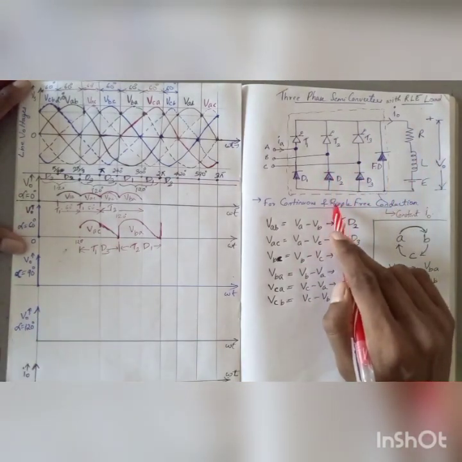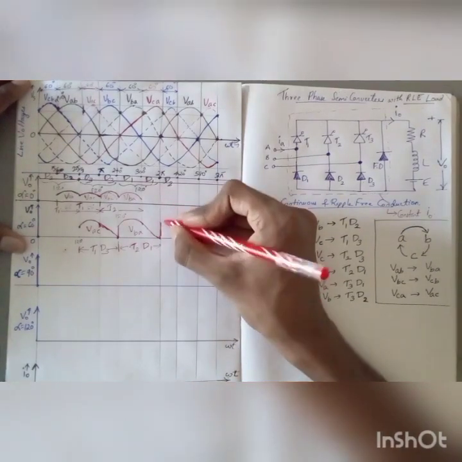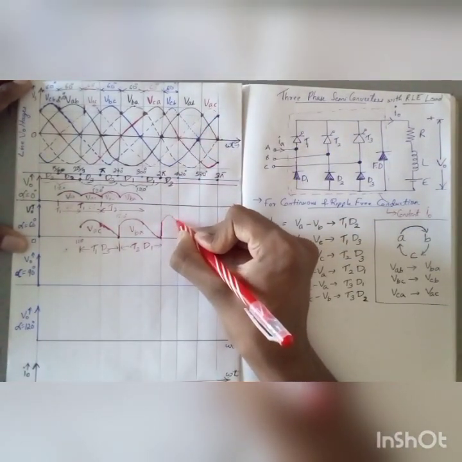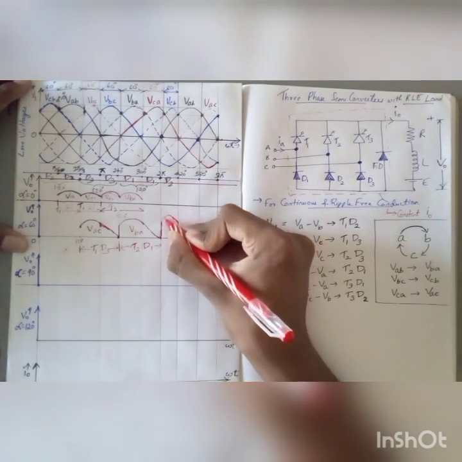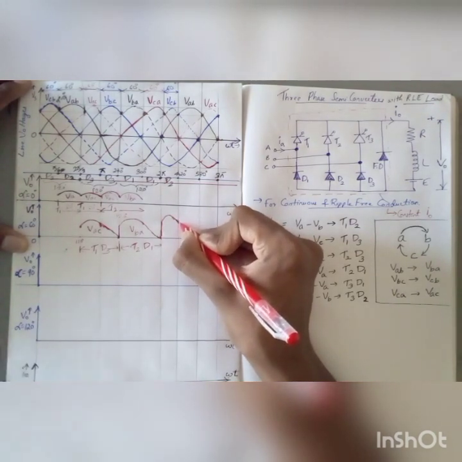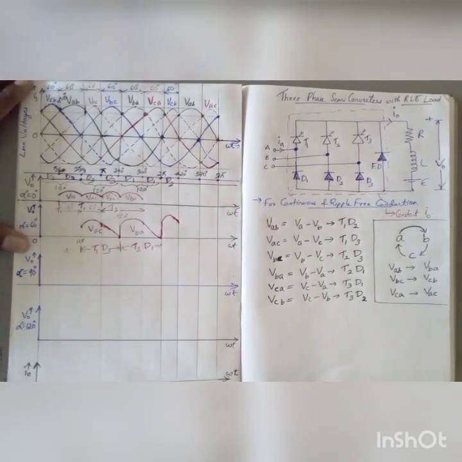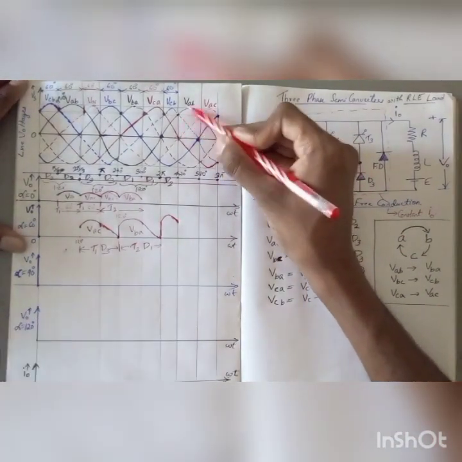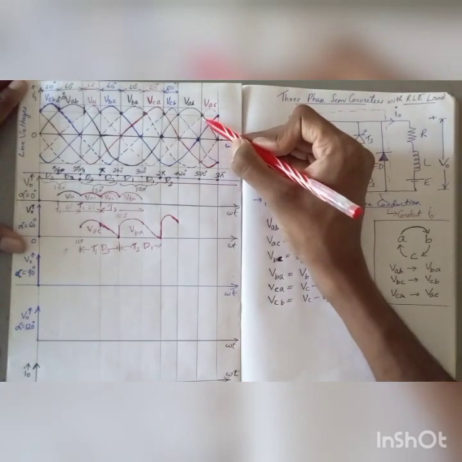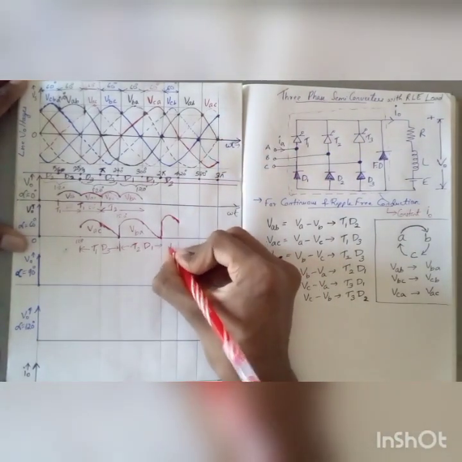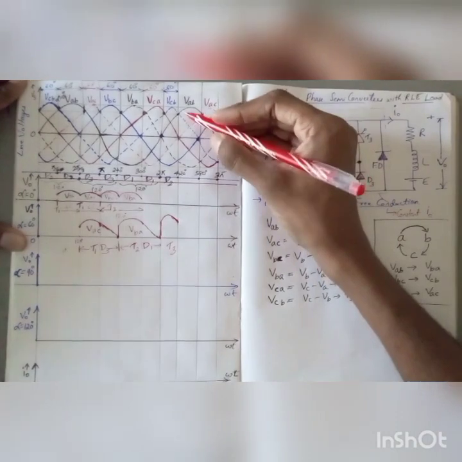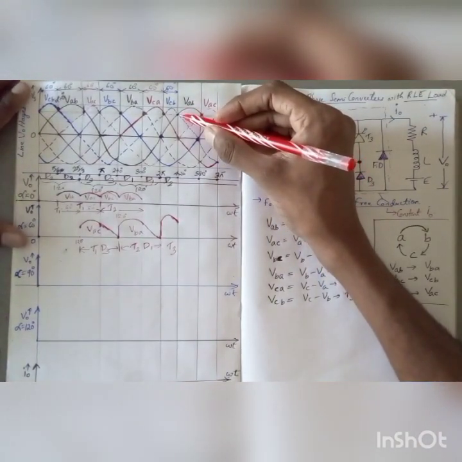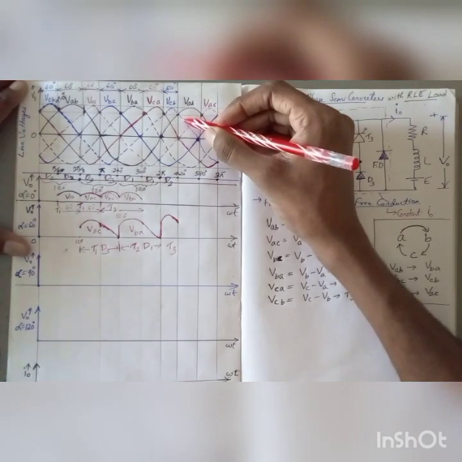So VCB will be appearing across my V0 from 360 degree to 420 degree. From 420 degree, what will be the case? VAB is greater when compared to others, but my T3 has conducted only 60 degree and it needs to complete 120 degree, so it will be conducting up to 120 degree.